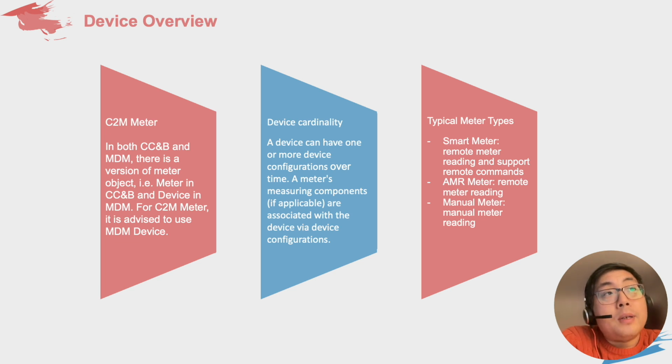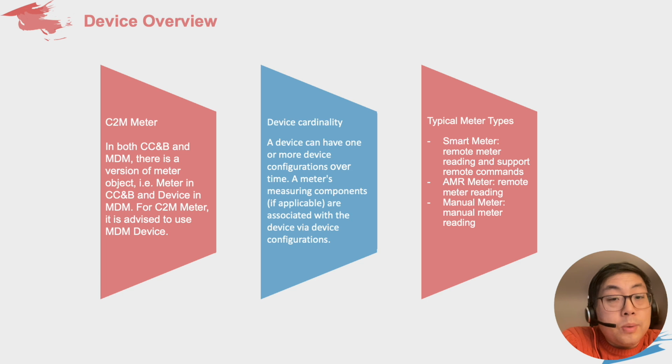But you can see the benefit of smart meters is that it's not only sending the meter read remotely, but also it can support remote commands. So it can be upgraded in terms of the firmware. It can perform additional functions, so you can talk to your meter remotely.